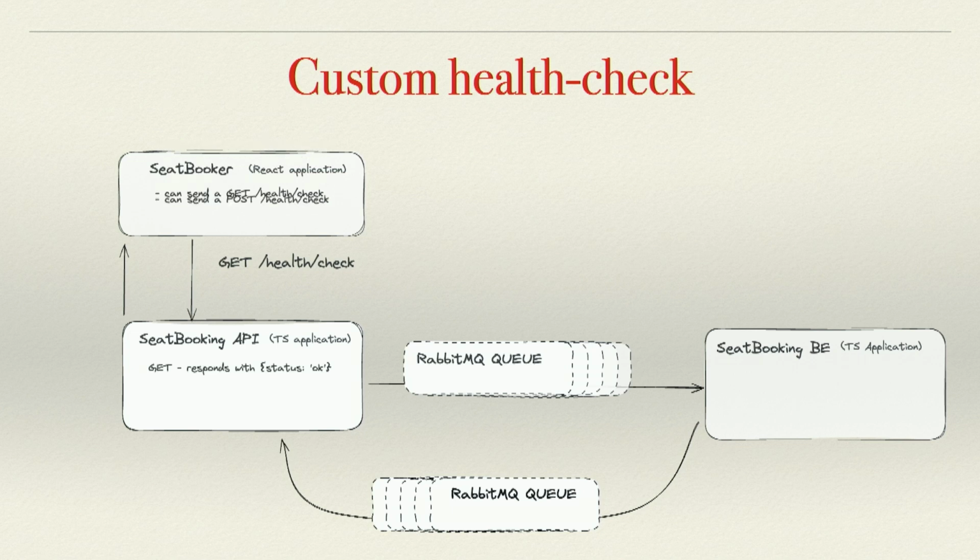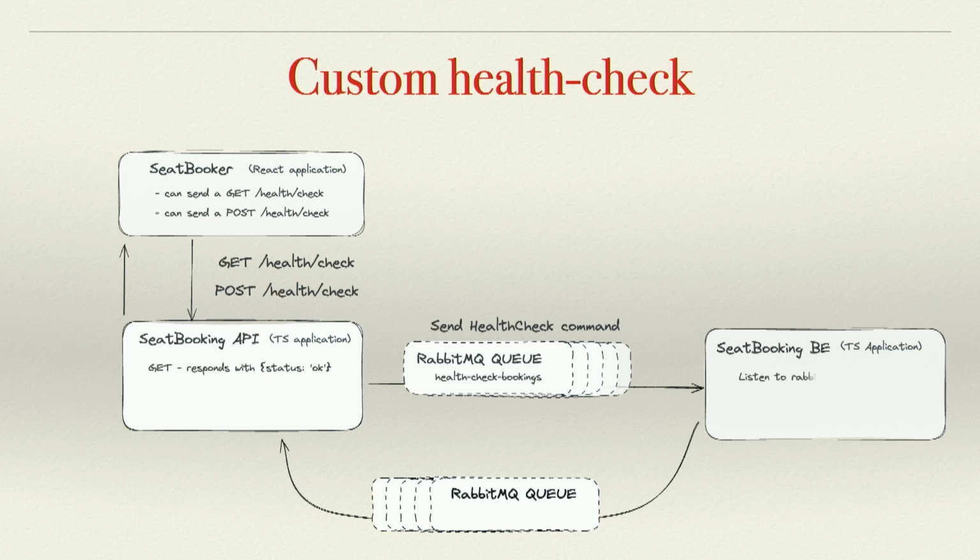So I also created a POST health check that sends a health check to the backend, which will make the call and send stuff also to RabbitMQ. The backend part then listens to RabbitMQ and responds through another queue back to the originator.